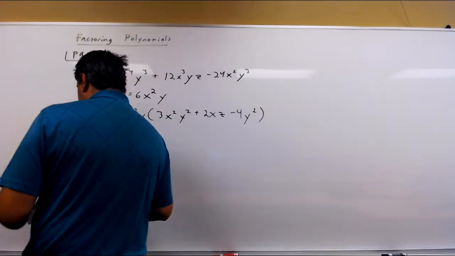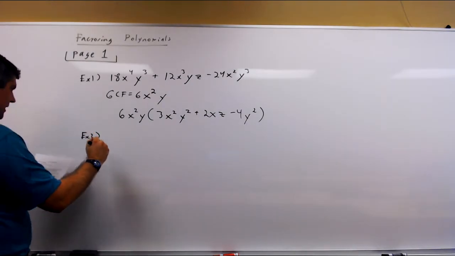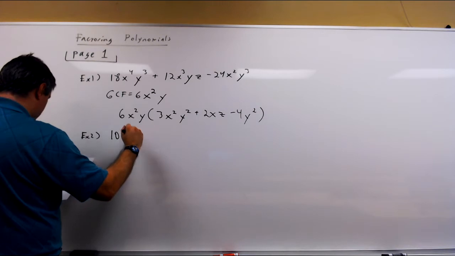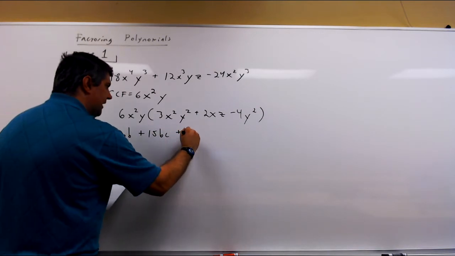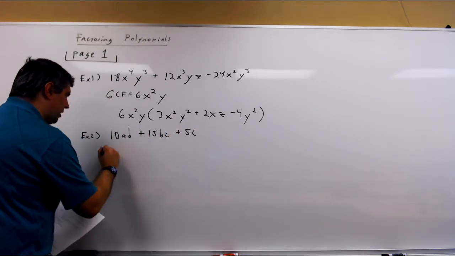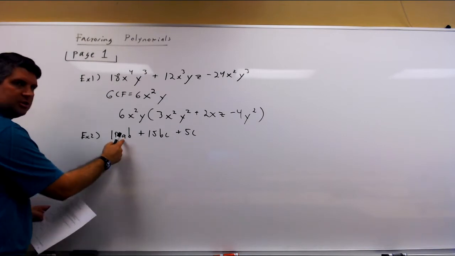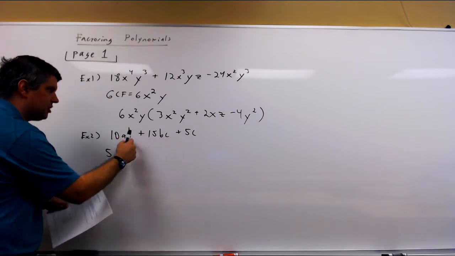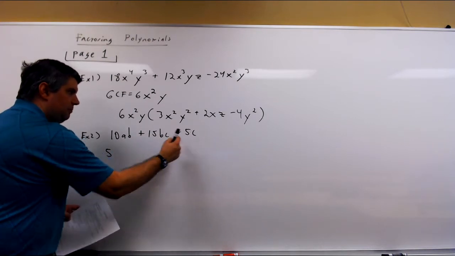Example 2. 10ab plus 15bc plus 5c. Okay? 5 divides all three terms. Now, a only appears in the first term, b appears in 2 terms but not 3, and c appears in 2 terms but not all 3.